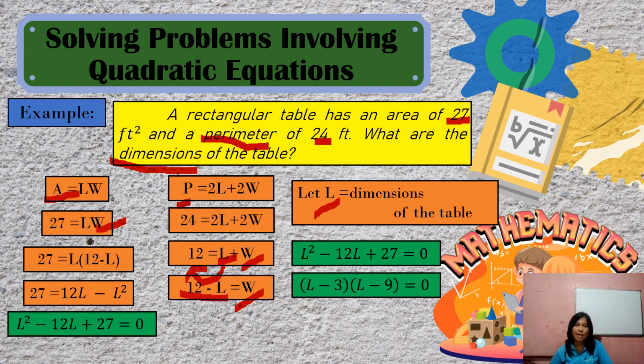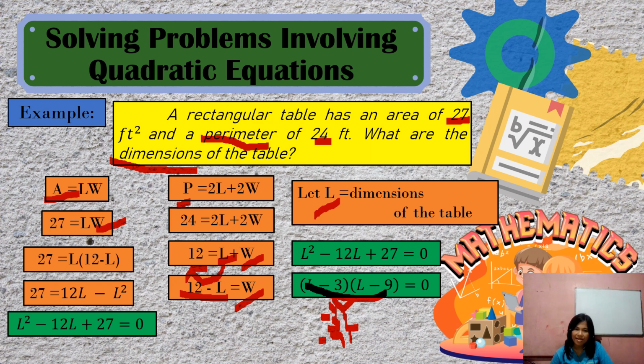Check natin, ha. So, yung last term natin is positive, so dapat i-add natin yung result dito. Negative 3L. 3 times L is 3L. And then, L times negative 9 is negative 9L.